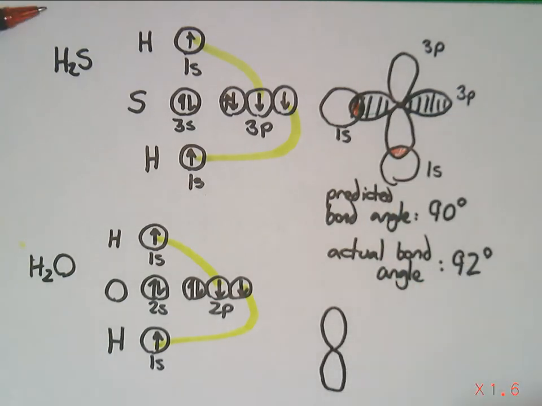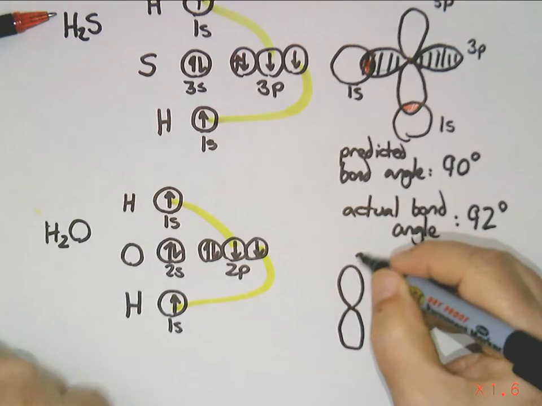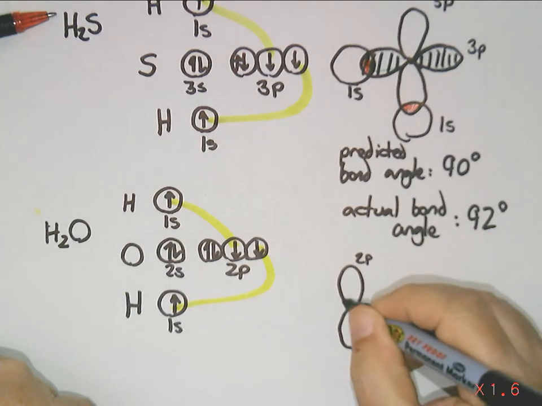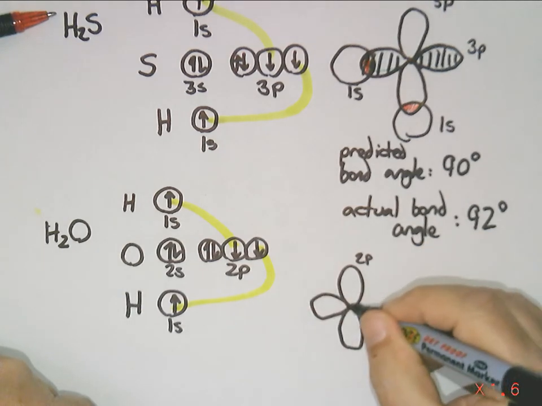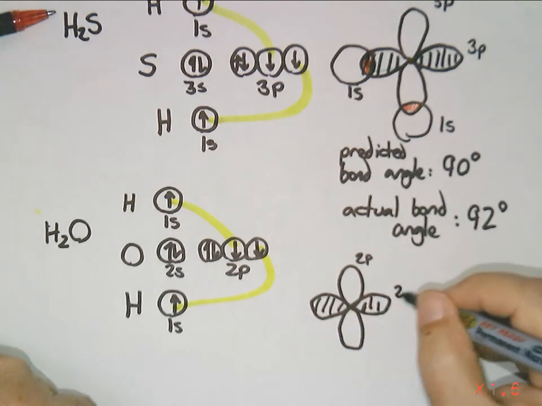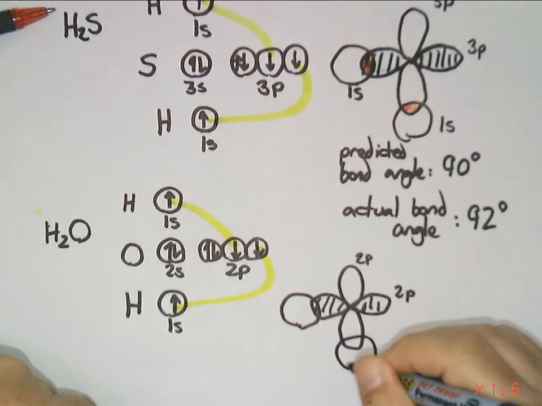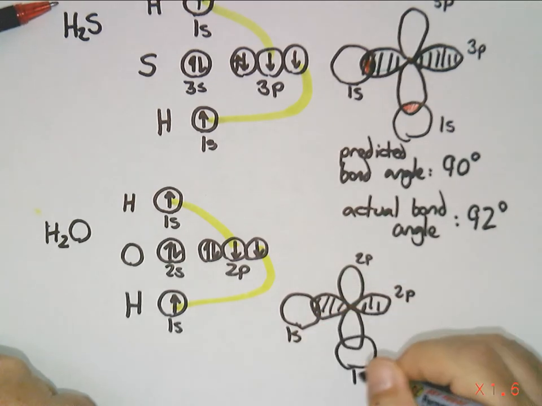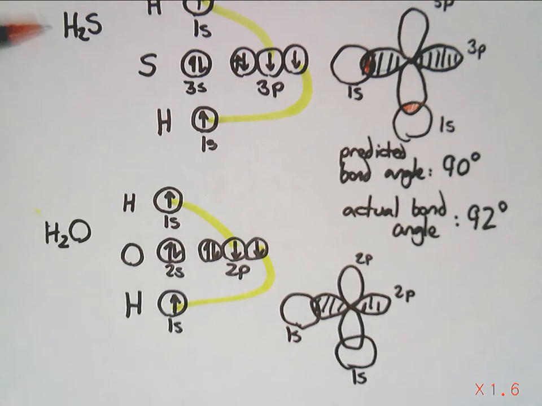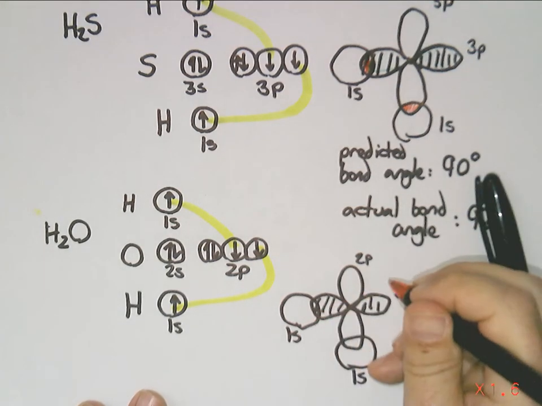These are 2p's, so I can draw them a little bit smaller, because a 2p orbital will be a little bit smaller than a 3p orbital. And then I can overlap the 1s and the 1s here. And I would expect this to look like my water molecule.